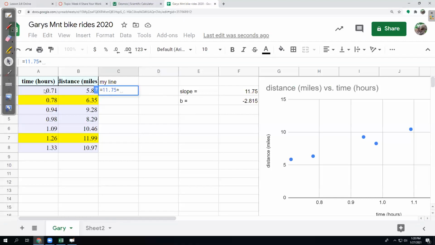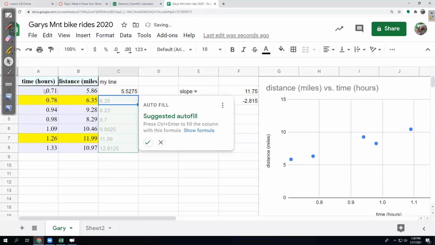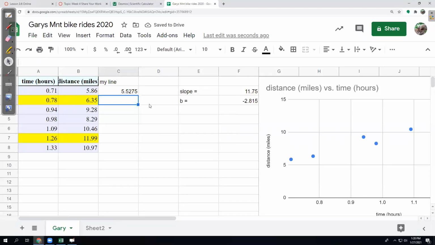So I'm just going to click on that first X value there and then subtract the 2.815. And I do want to autofill, but if you're using Excel, you would have to click back on that and then drag that down. Right.